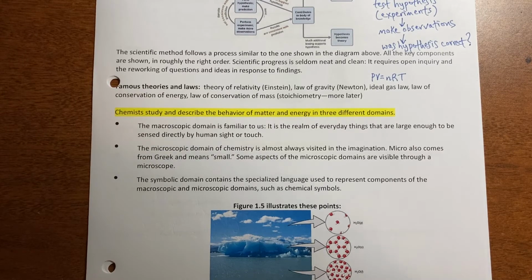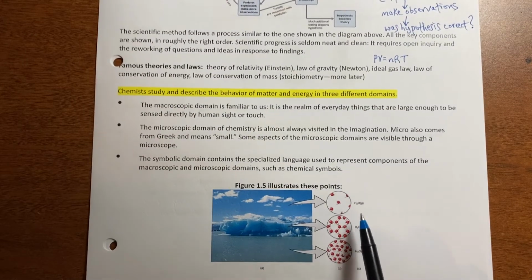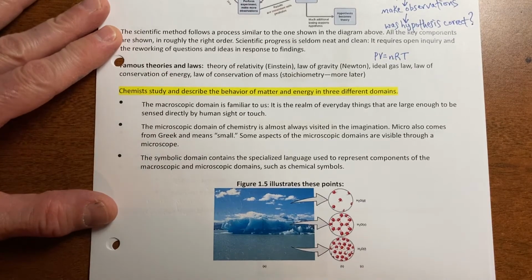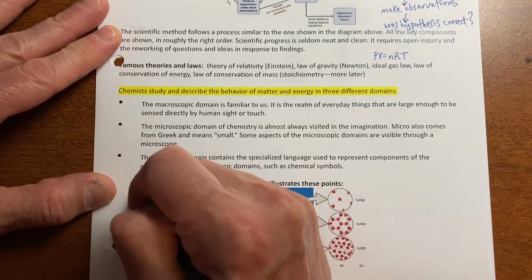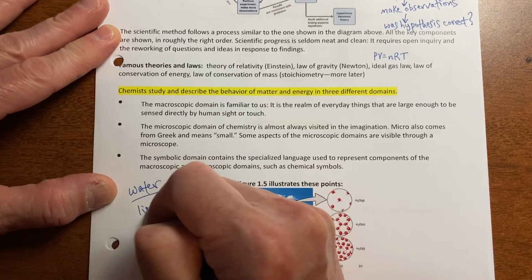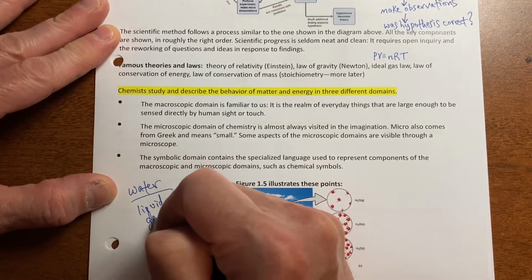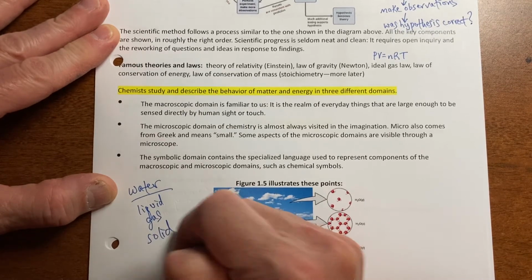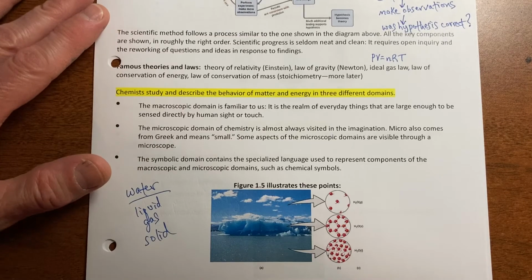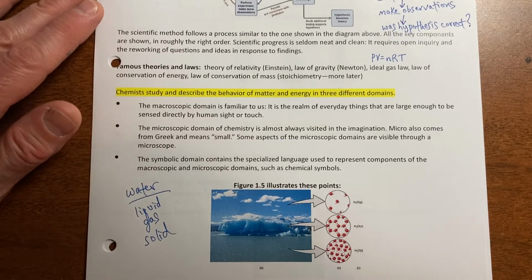The symbolic domain would be expressing water as H2O. So the macroscopic things would just be water as liquid, gas, or solid. That's what we can see with our eyes: ice, liquid water, water vapor.